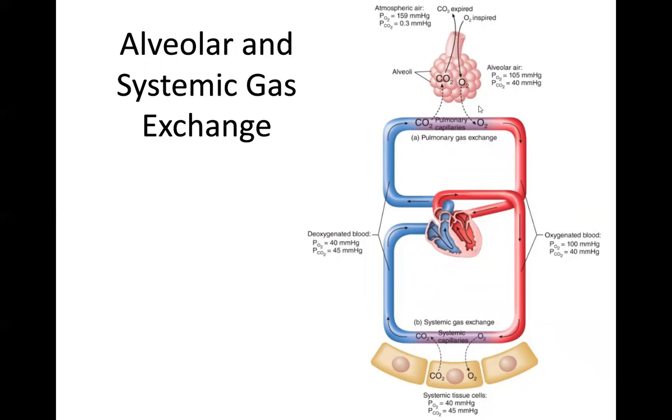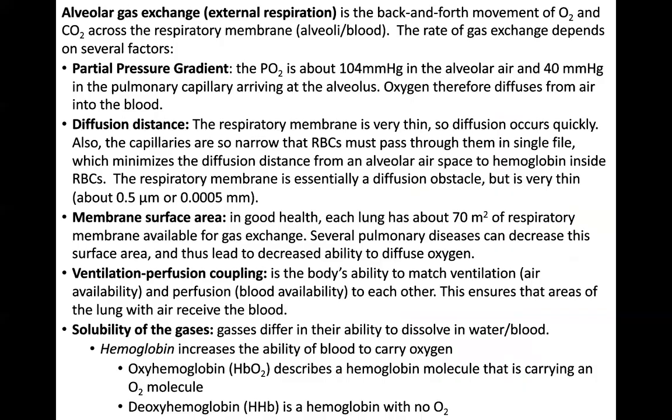Whereas here at sea level, or close to it anyway, I don't know if Kansas is quite sea level, we're pretty darn close, especially on this side. Alveolar air PO2 is roughly 105. The PO2 of the blood that's coming into the lungs is 40. That's a 65 millimeter of mercury difference, so oxygen is going to easily diffuse into the blood.